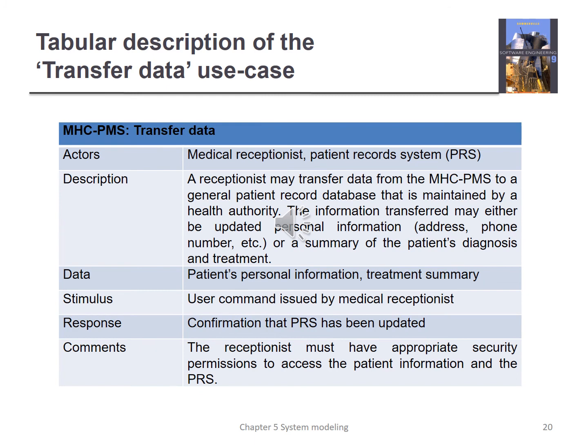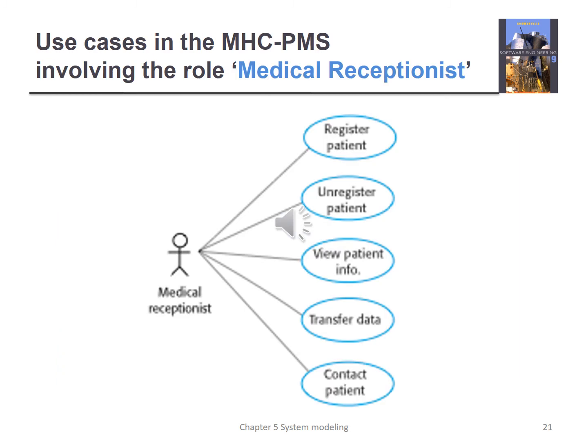Well, if we look at the example use cases in the mental health care patient management system, which involve the role of the medical receptionist, we take the role of one person who works on that system and see what that person is doing.